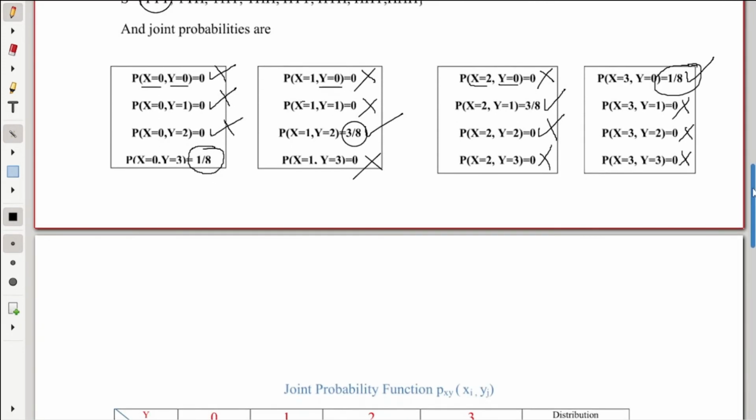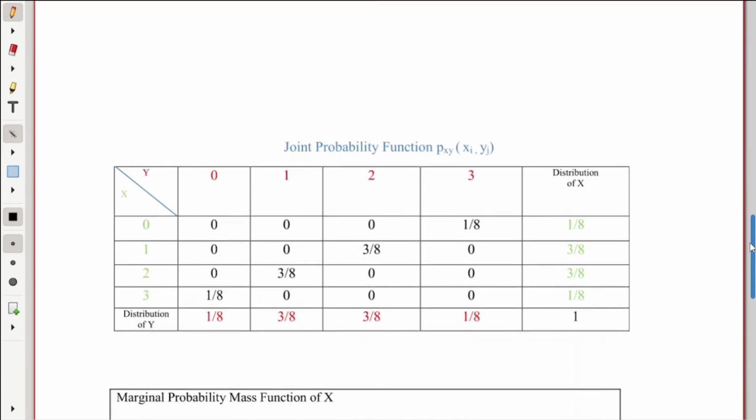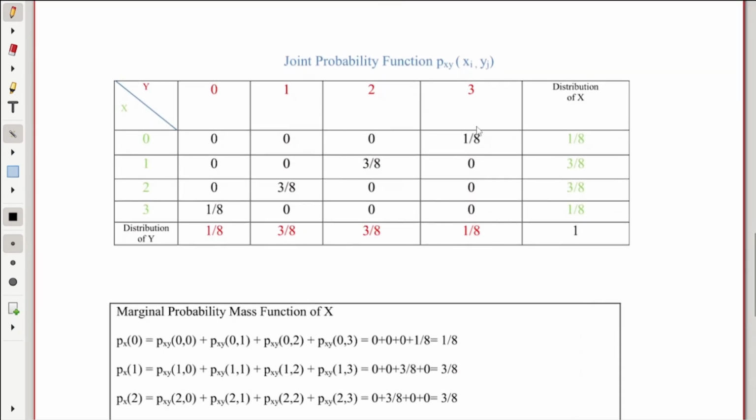Now see the tabular form of the joint probability function. See that here these are the values of Y in red, and these are the values of X, and these are the probabilities.